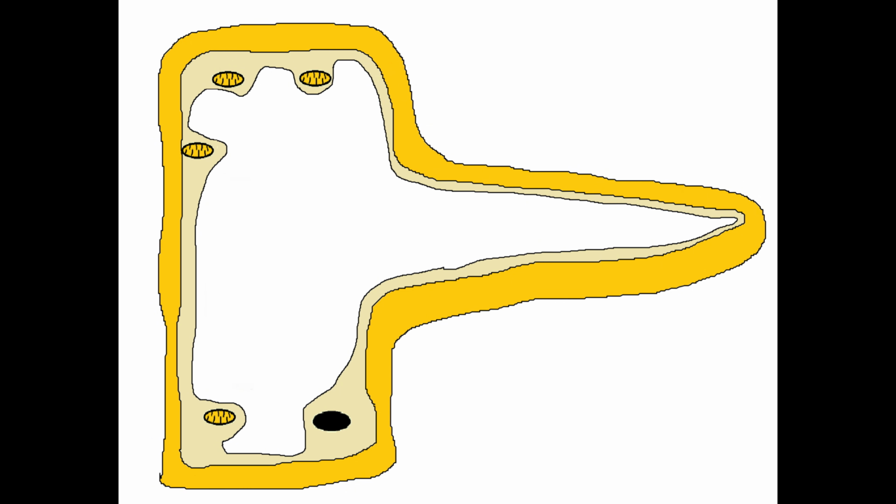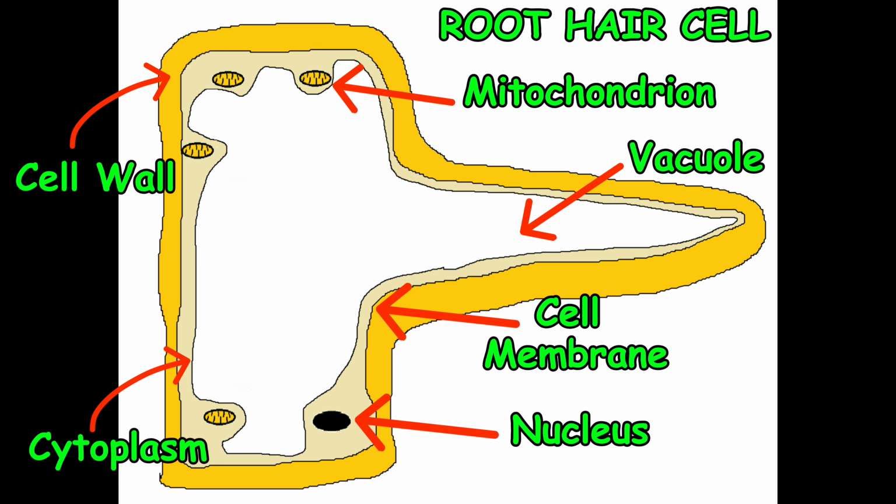Now, if you think back to our lesson on cells, you're probably going to be able to recognize most of the subcellular structures that make up a root hair cell. You have the mitochondria, the vacuole, the cell membrane, the nucleus, the cytoplasm, and the cell wall.